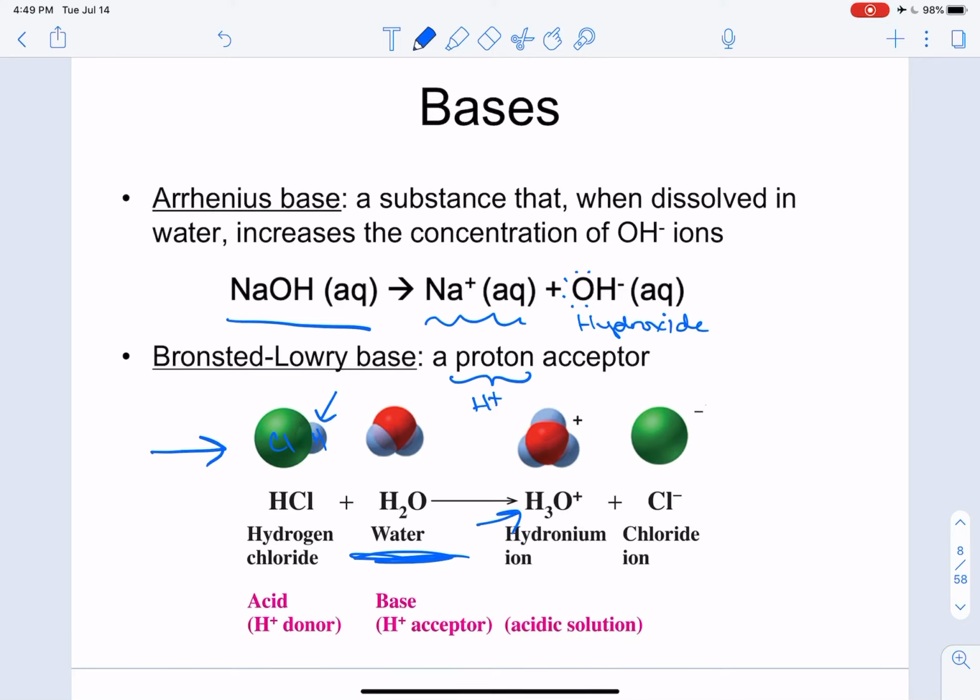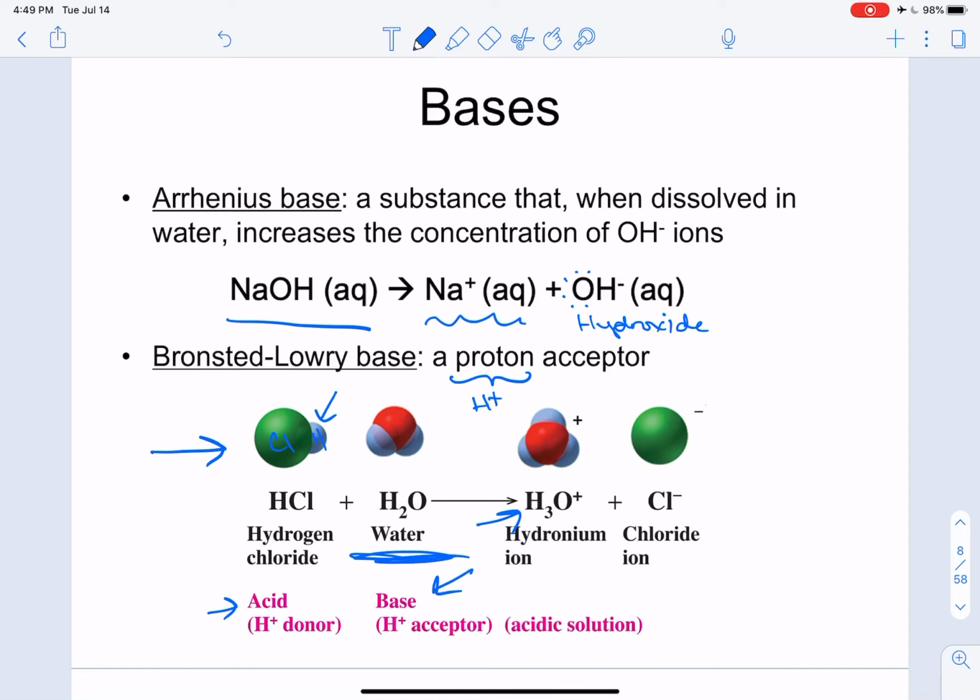So the water is behaving as a base here. It's grabbing that H+. So in the Bronsted-Lowry base definition, water's behaving as a base there. So right here, HCl is the proton donor and water is the proton acceptor.